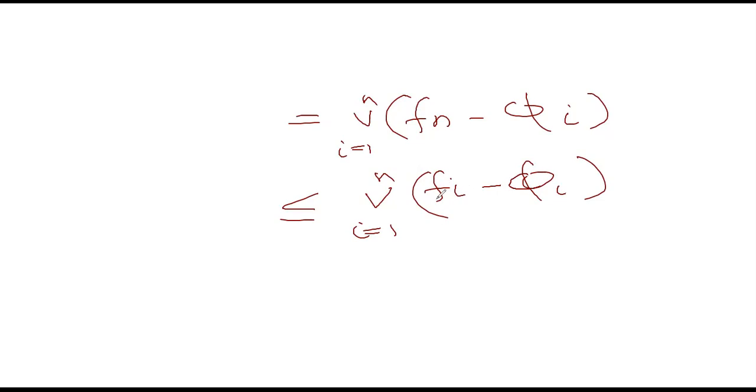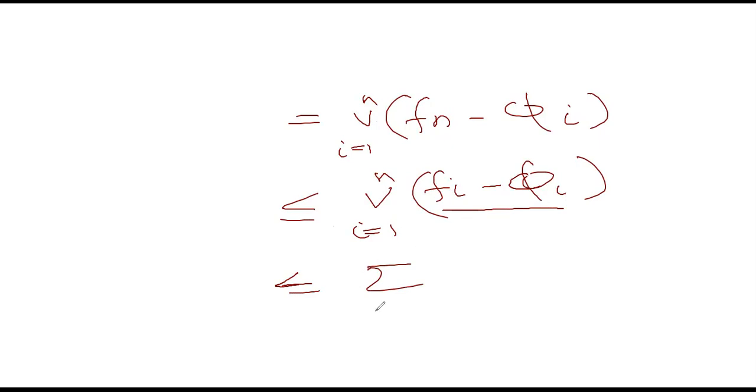So the join of fn minus φi, i running from 1 to n, is less than or equal to the join of fi minus φi, i running from 1 to n. That's simple. Now this is less than or equal to the sum, if I add all the terms, because it's a join of non-negative terms.